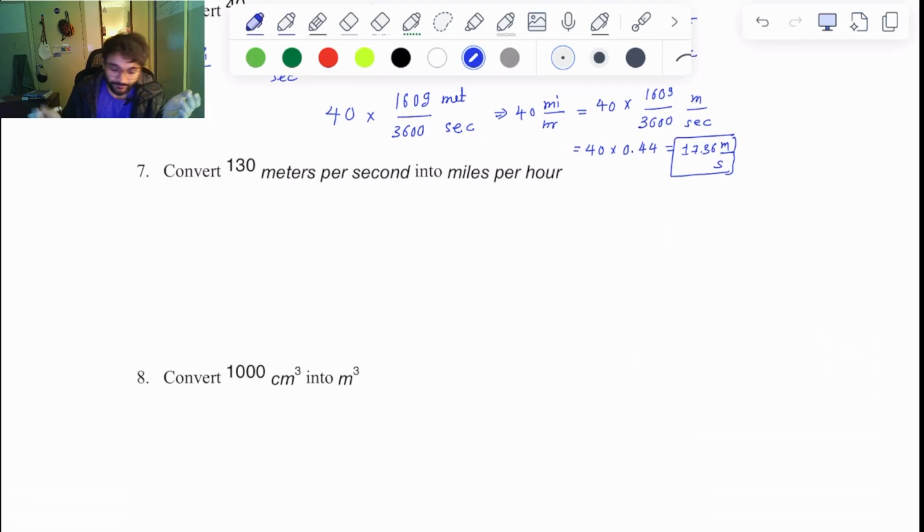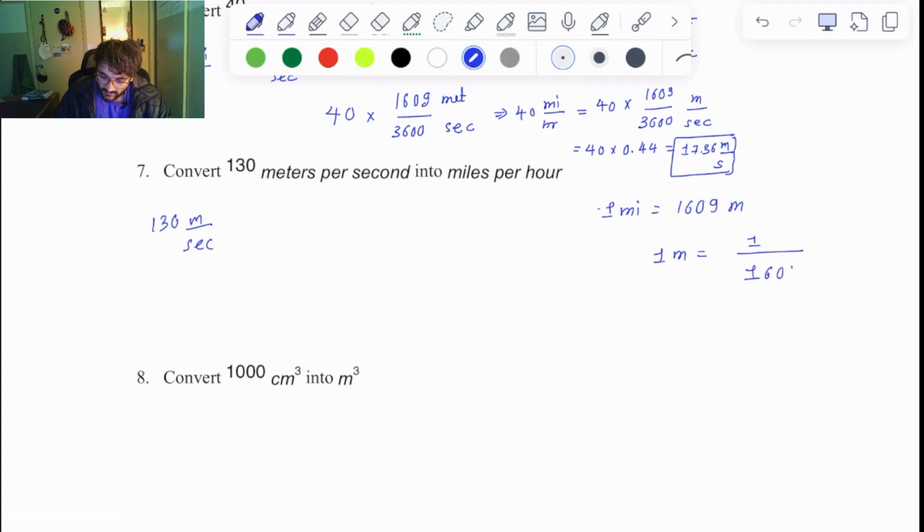All right, so again, distance over time is speed. So you need to convert 130 meters per second into miles per hour. Okay, so I know that 1 mile is equal to 1609 meters. This means that 1 meter is equal to 1 over 1609 miles, right? And 1 hour is equal to 3600 seconds.